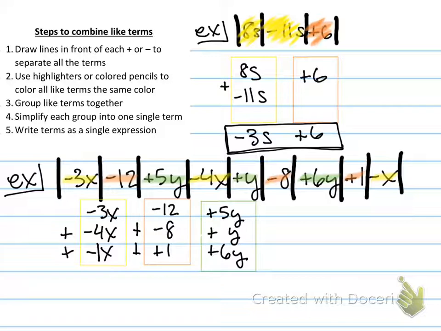So -3 plus -4 plus -1 is -8. And then for my constants, -12 plus -8 plus +1, that gives me, let's see, -19.